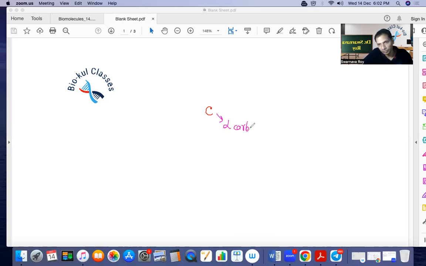The carbon can bond with four different kinds of atoms, because the valency of carbon is 4.